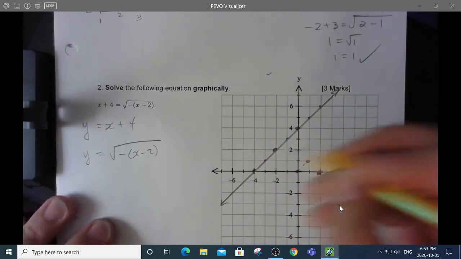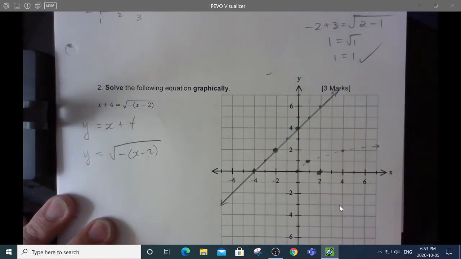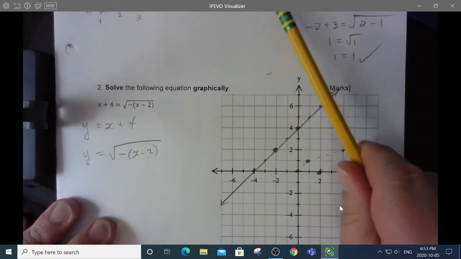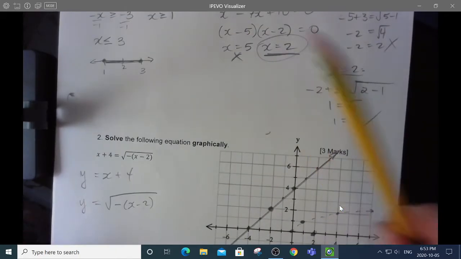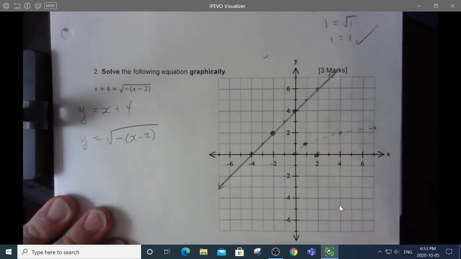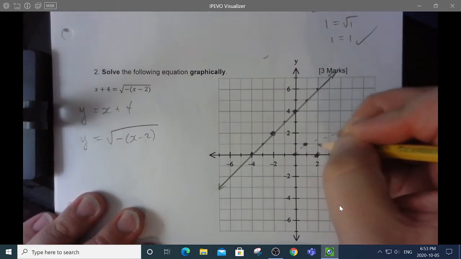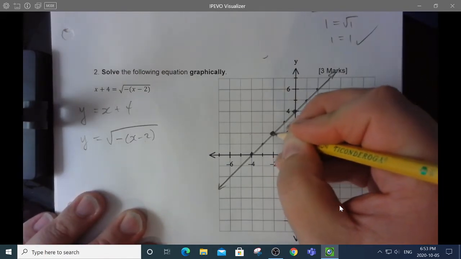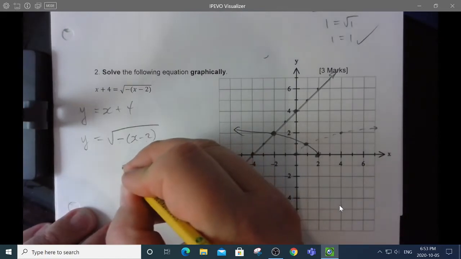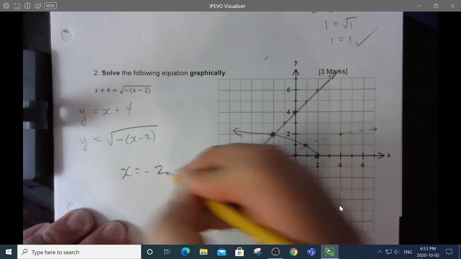And there is my answer, which I already knew was going to be 2. What is going on here? Oh, right. I was looking up there thinking I was going to get the same answer that I did here, but no. This is a different question altogether. Fooled me. Yep, x is negative 2. So the solution is x equals negative 2.